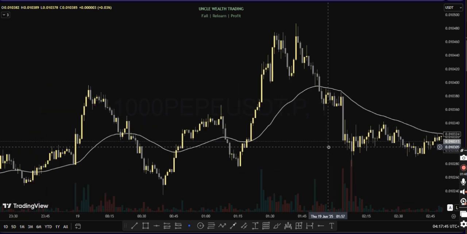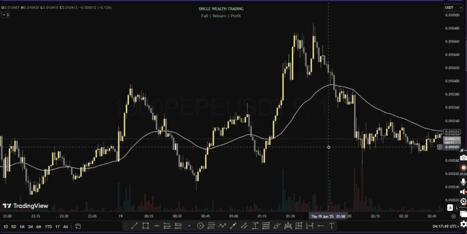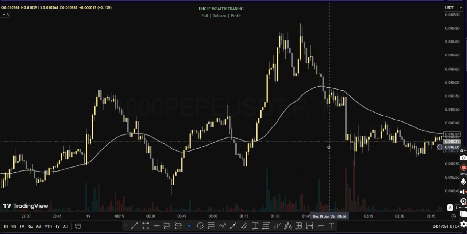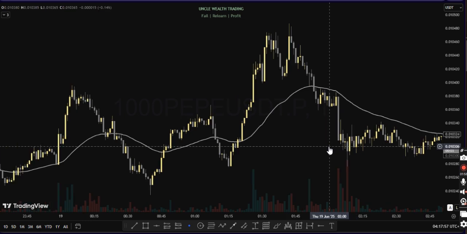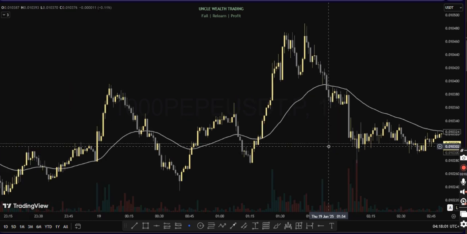Now, one of the things that make the EMA 50 very, very useful is because, unlike the simple moving average, the 50 EMA focuses on the latest price action, the latest bars. It measures the averages of the recent bars.